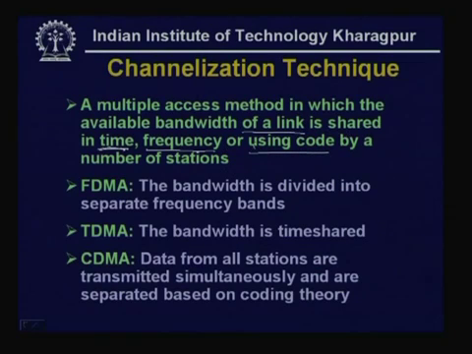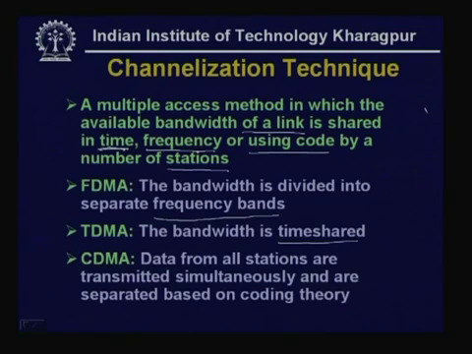So these three alternatives, that means sharing in time, sharing in frequency, sharing using code, have led to three different approaches. FDMA, where the bandwidth is divided into separate frequency bands, and then different frequency bands are used by different stations. Then TDMA, where the bandwidth is time shared, that means at different instants of time, different stations use the medium.